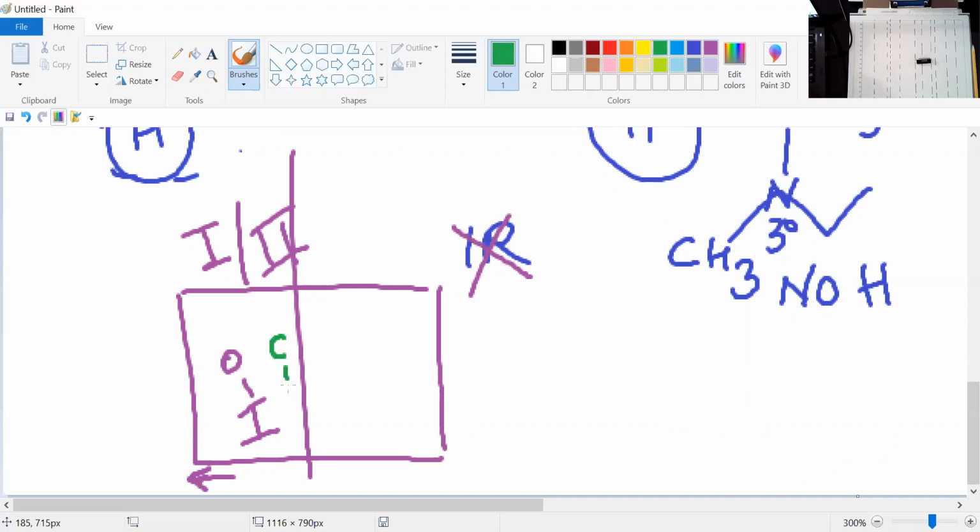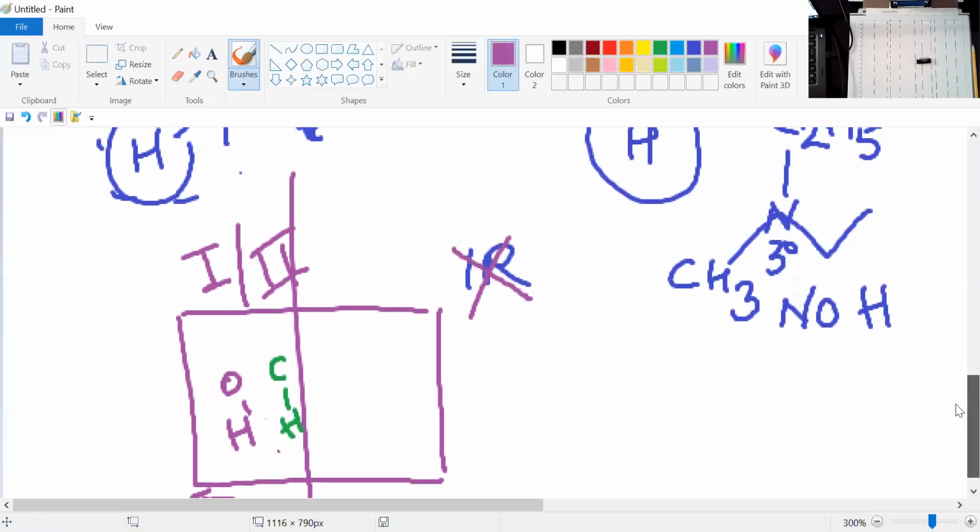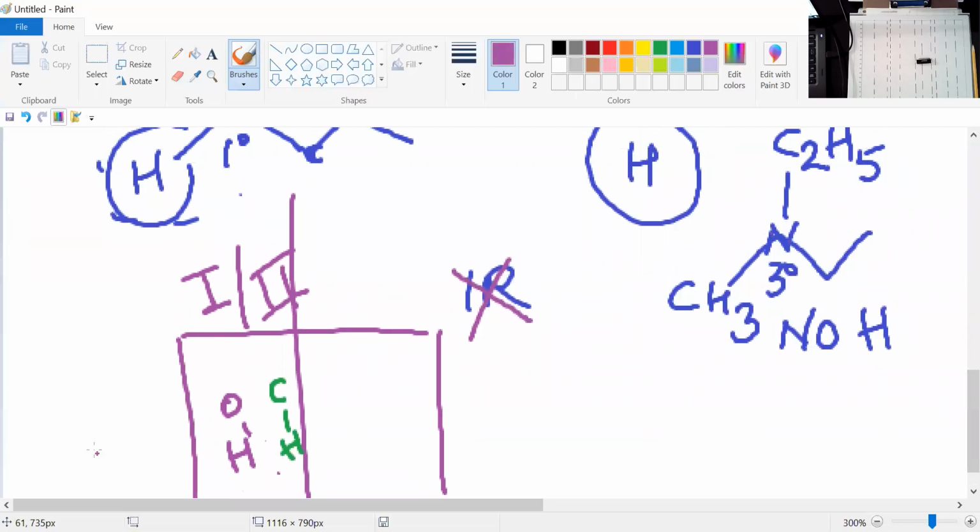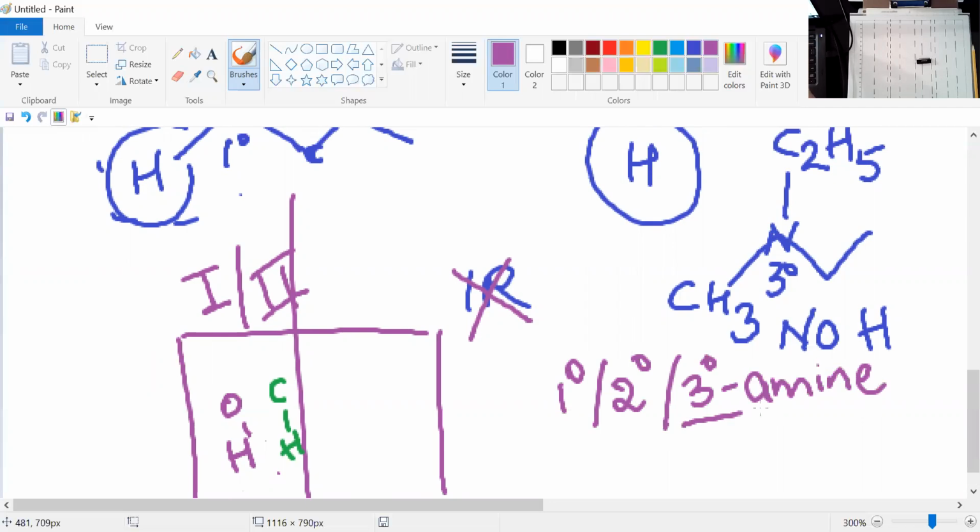If they just have carbons on them, it will then be a little to the right. Since a tertiary amine has no hydrogen on it, you can differentiate between a primary, secondary, and tertiary amine. Tertiary amines will not be seen on the IR for region 1.